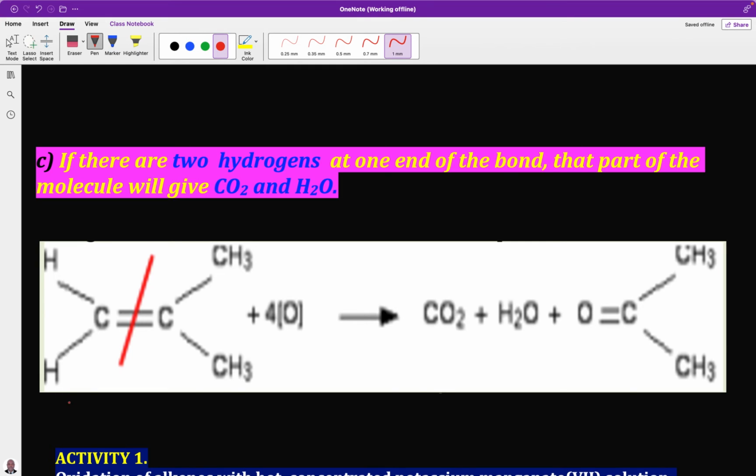This molecule is 2-methylpropene, and the products are carbon dioxide, propanone, water, and carbon dioxide.